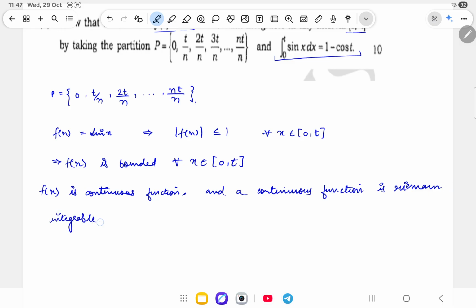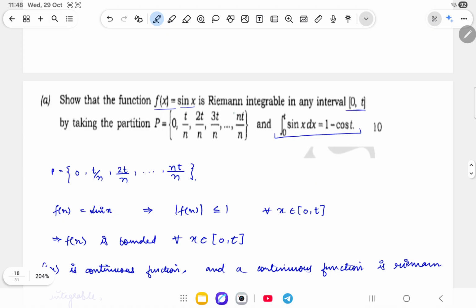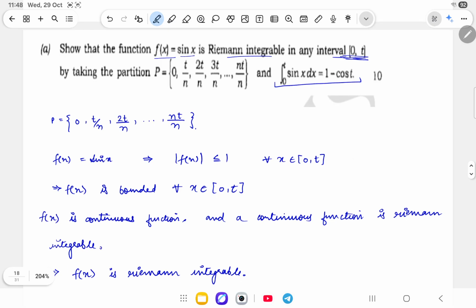So from here we can conclude that our function f(x) is Riemann integrable. This is the first part of the question, which asks us to show that the function is Riemann integrable in any interval 0 to t.